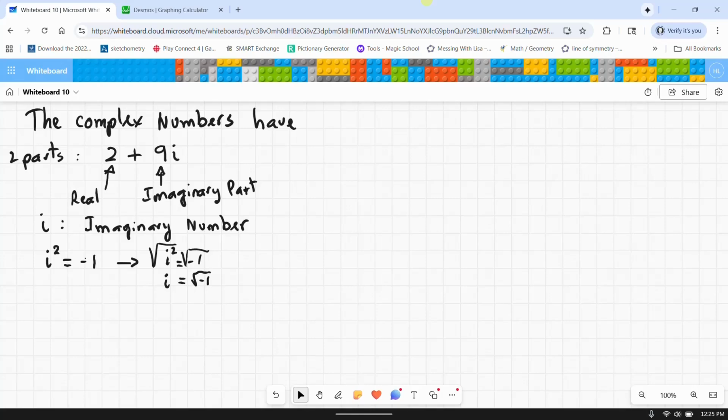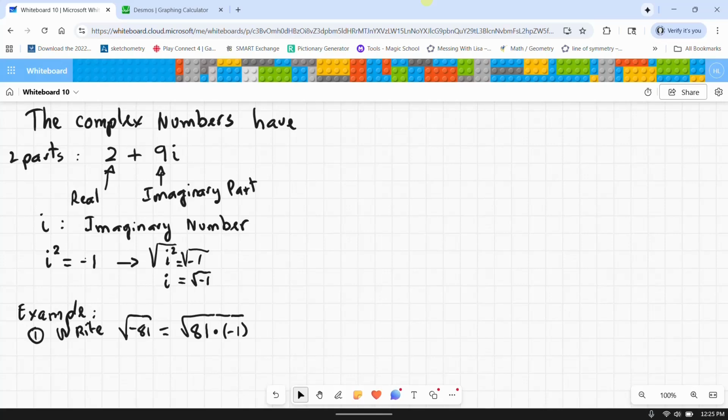So let's do some operations with the complex number. We want to write negative square root of -81 as a complex number. We're going to split the -81 into a positive 81 multiplied by a -1.